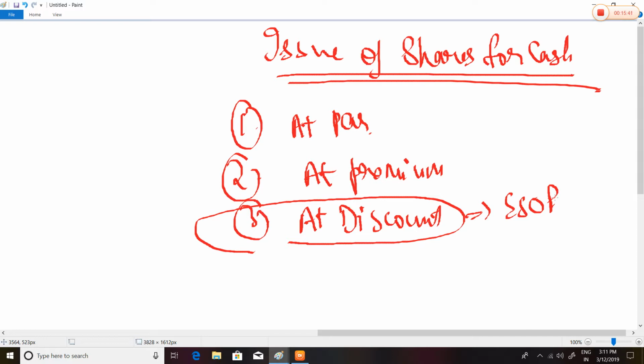Now at par, what does at par mean? For example, the company, let's say A Private Limited, has authorized share capital of equity shares of rupees 10 each, and the company has also issued the shares of rupees 10 each.